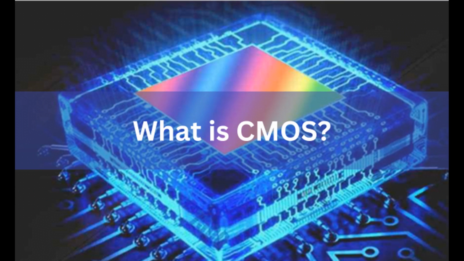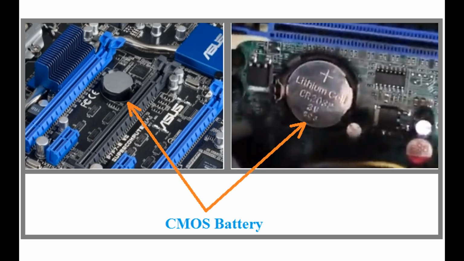Other logic gates. CMOS logic gates such as AND, OR, and NAND can be constructed using combinations of NMOS and PMOS transistors. AND gate consists of multiple series-connected NMOS transistors and parallel-connected PMOS transistors. The output is high, logic 1, only when all inputs are high.